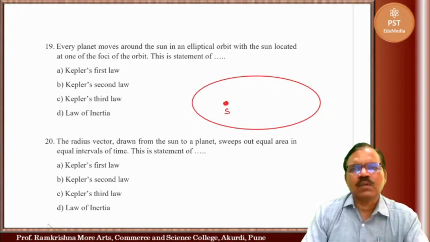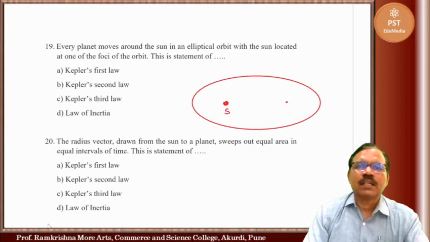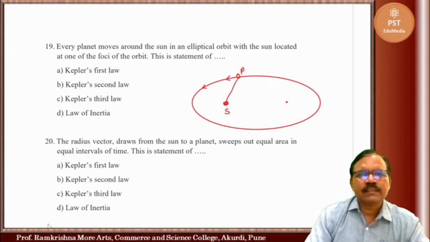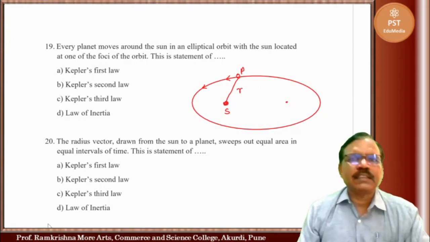Here the sun is located, here is another focus, and suppose a planet moves around the sun, and this is the distance between planet and sun.